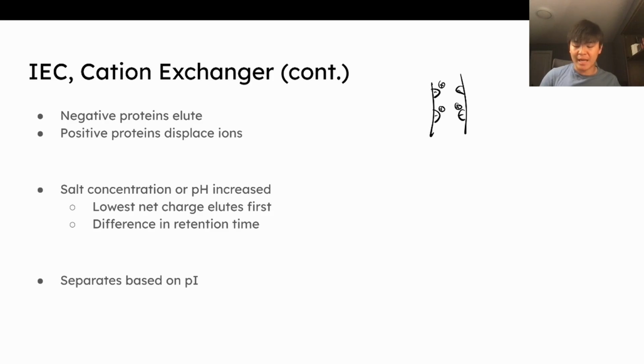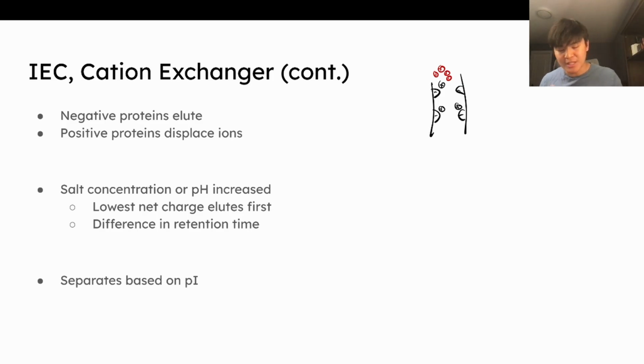What's going to happen when we increase salt concentration? Well, if we increase the number of positive charges, a lot more positive charges, okay, let's assume positive charges, ions, are red. They're gonna fight for this negative bead, right? If there's enough of them, they're gonna fight for this negative bead.